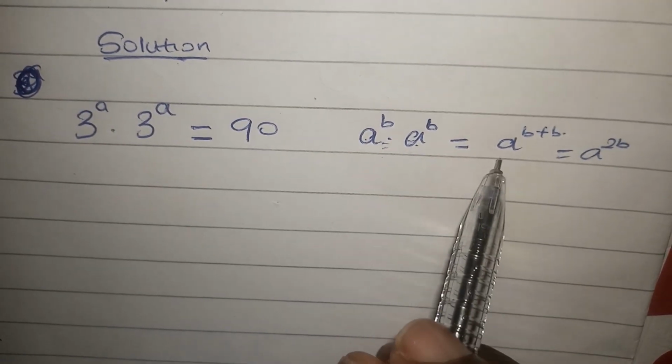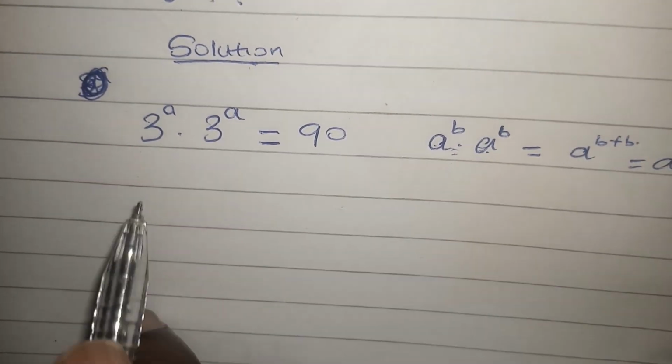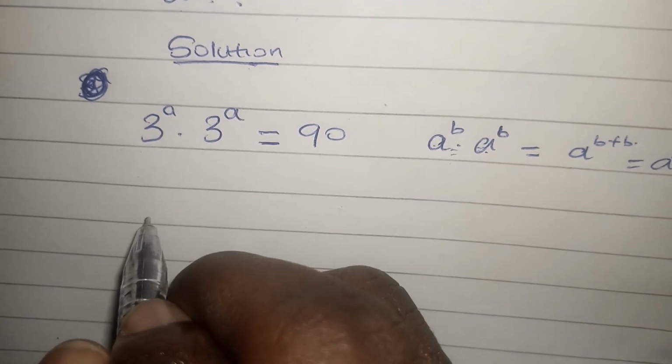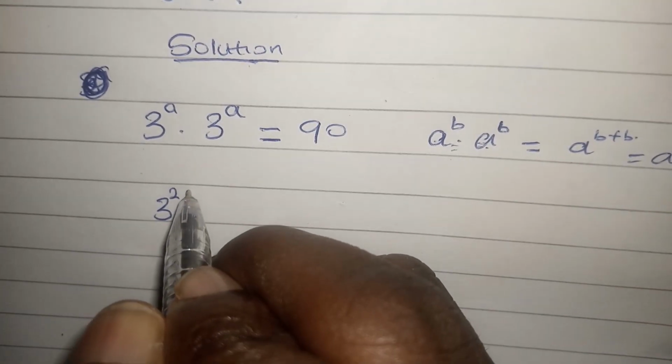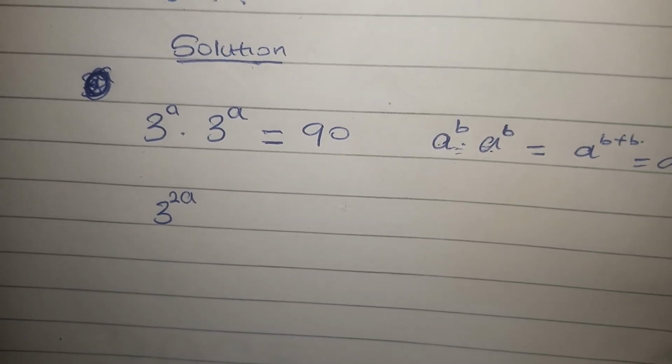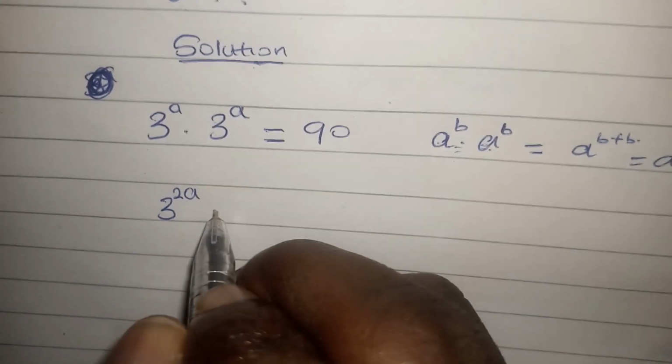So we apply this rule here, and we have 3 to the power of 2a, which is equal to 90.